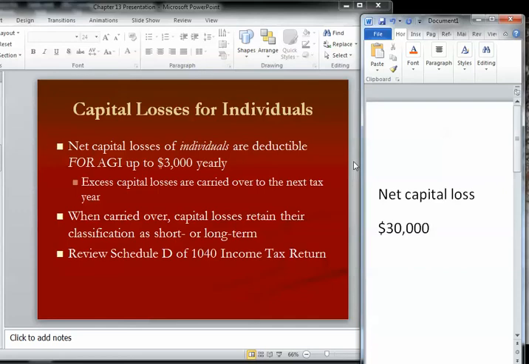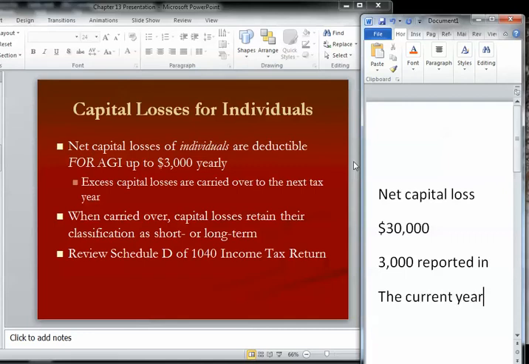If that $30,000 is our only investing, and when it comes to capital transactions the only thing we have is that $30,000, then we would see 3,000 reported in the current year.